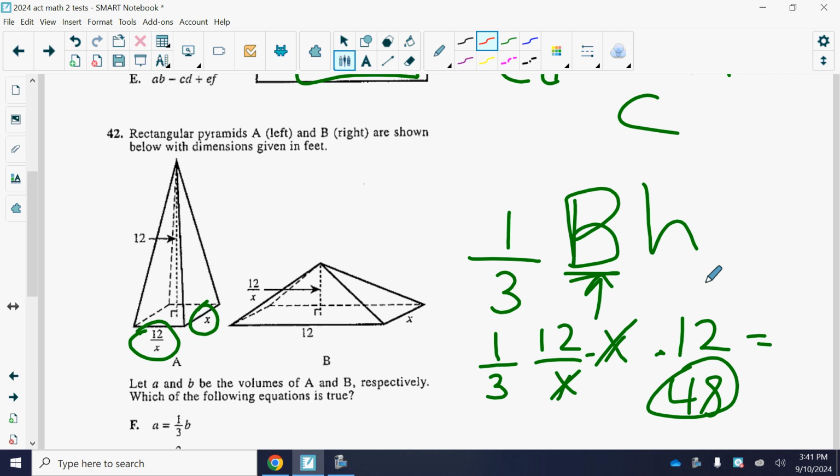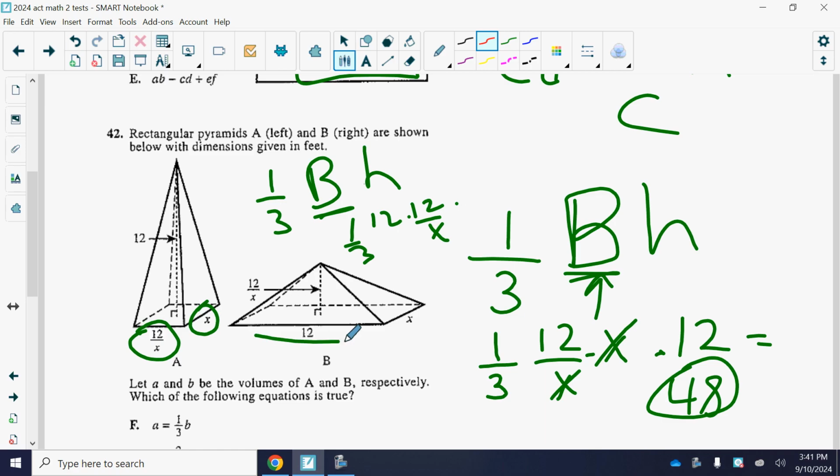Second one would be 12. The 1/3 area of base times the height. So the area of the base is 12 times 12 over x, right? Wait, I'm wrong. It's 12 times x. My mistake there.